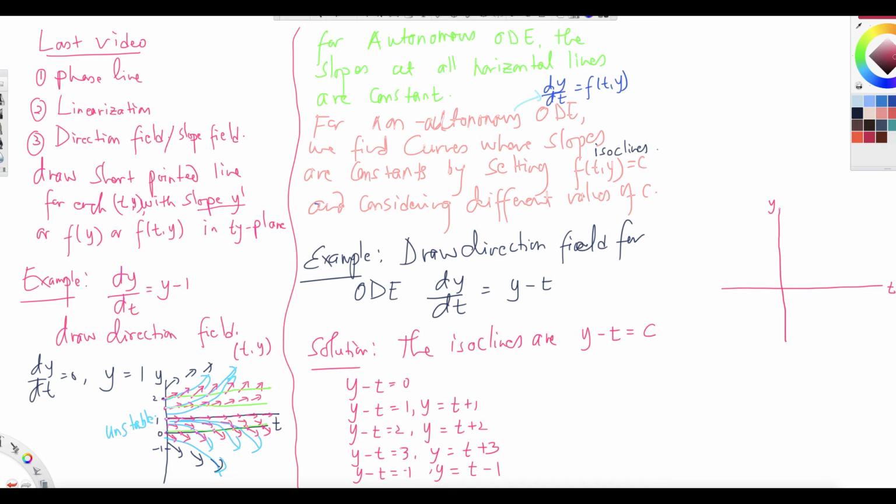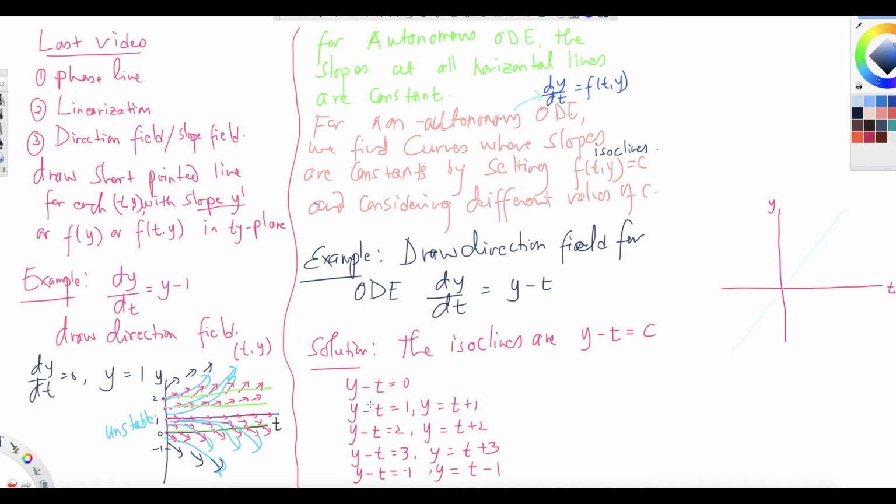Okay, isocline lines. So isoclines are y minus t equals c. I just took c as a constant, and I'm taking different values of c. I'm going to draw isoclines with a very light color. So y minus t equals 0 is like y equals t, right? y equals t falls here in the middle.